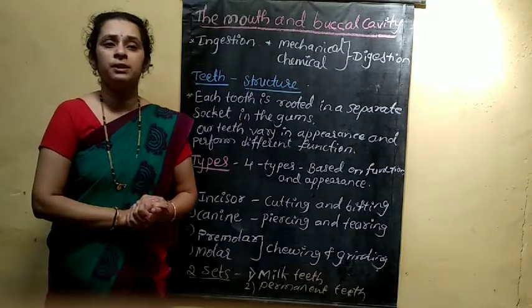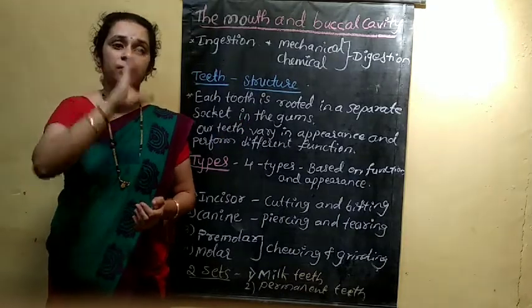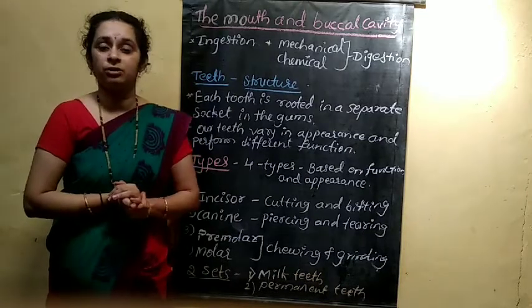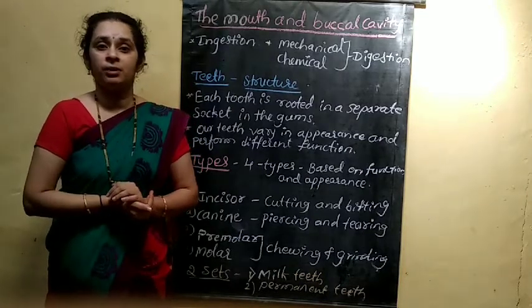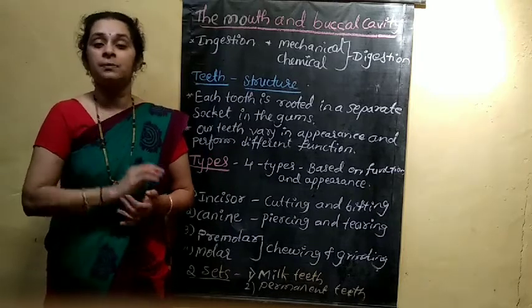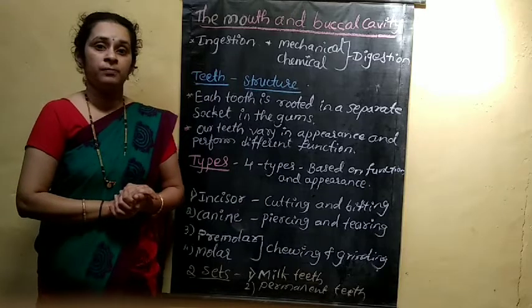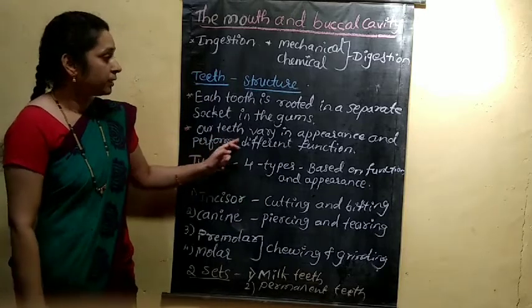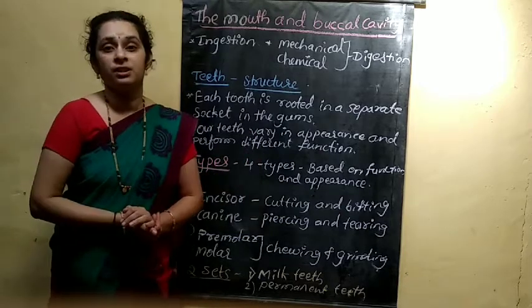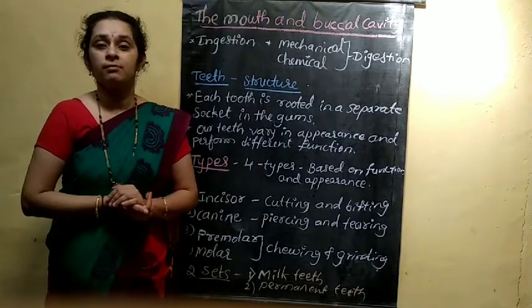In human beings, when you open your mouth and look in the mirror, you will come across different types of teeth. So, teeth are not the same. They differ in appearance as well as in function. Our teeth vary in appearance and perform different functions.